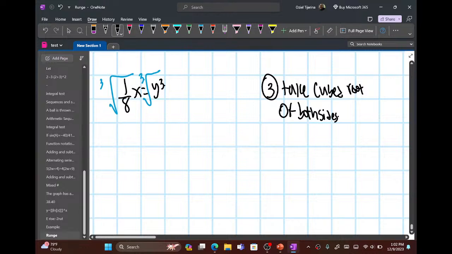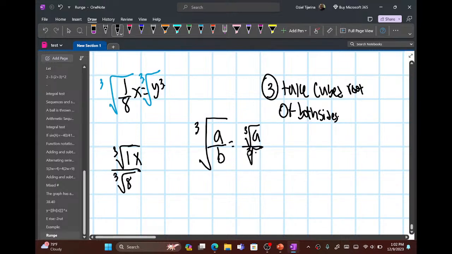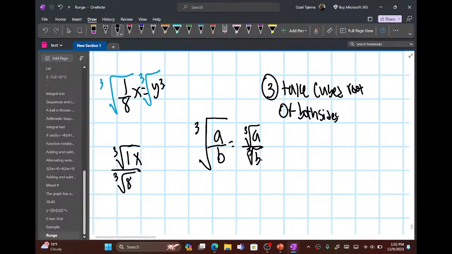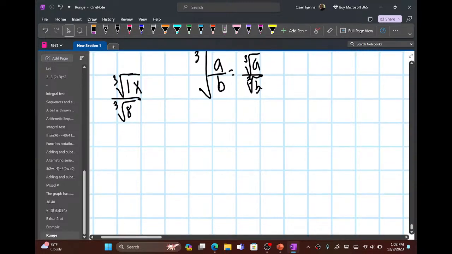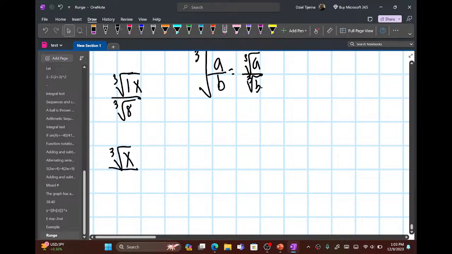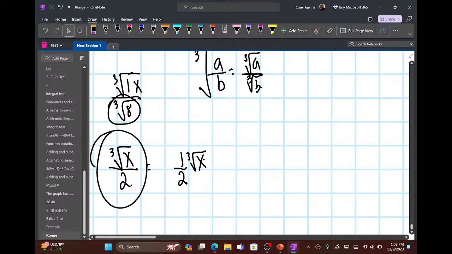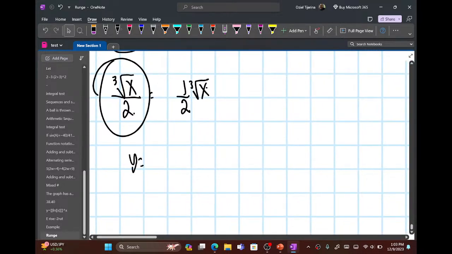I'm going to do the cubed root of 1 over the cubed root of 8. Remember that the cubed root of a over b is really the cubed root of a over the cubed root of b. That's a property, guys. I just want to make sure we understand that. So really this is going to be the cubed root of x over, and we know the cubed root of 8 is 2. So really this will be 1/2 cubed root of x. I'd like to write it this way better, but we can clearly say that y is equal to cubed root of x over 2, excuse me.